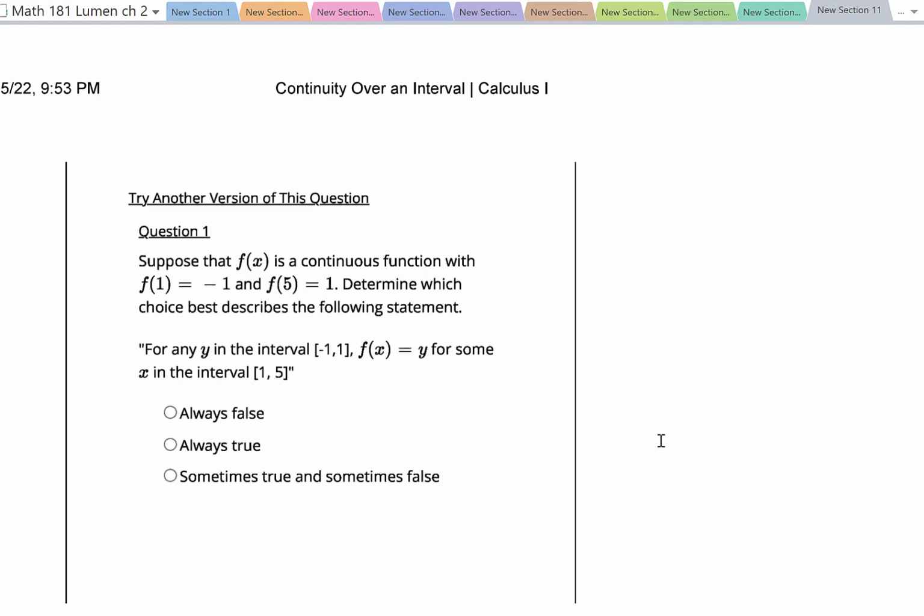F of x equals y for some x in the interval from 1 to 5. And the answer is always true. Okay, and that's it.